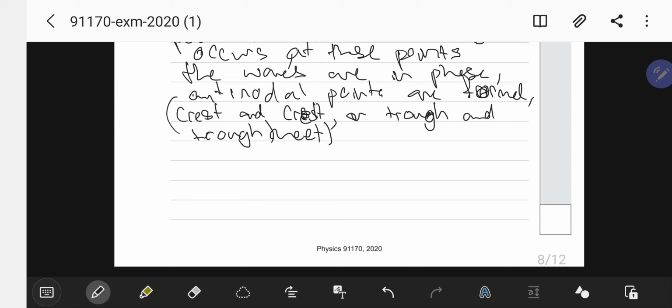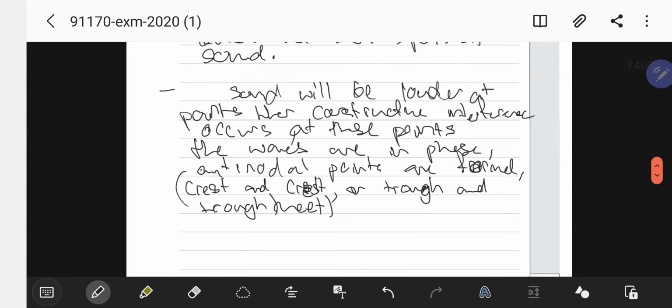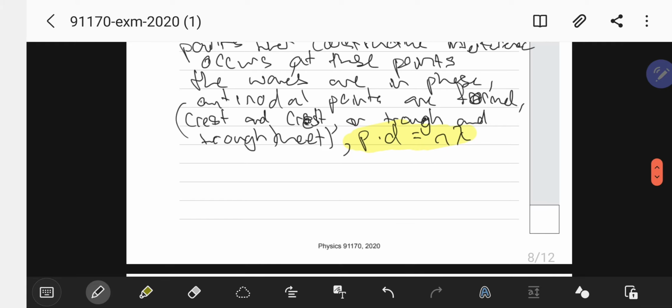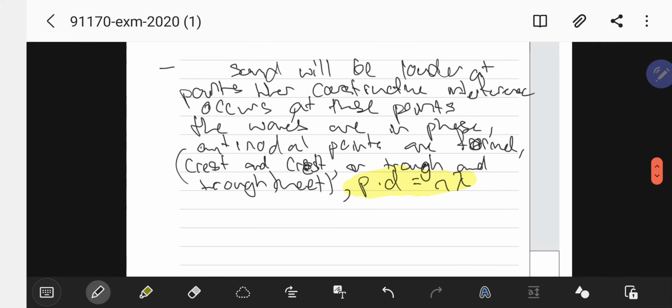And also what we can say is there is a path difference of, I think this is how you write it. No, not half, that's for the other one. So equals n wavelength, that's the path difference. I think that is how you write it, but you do want path difference for both of them. So yeah, that's where it's going to be louder.